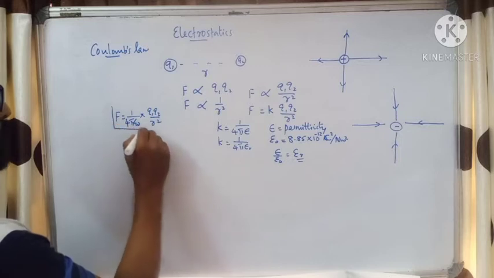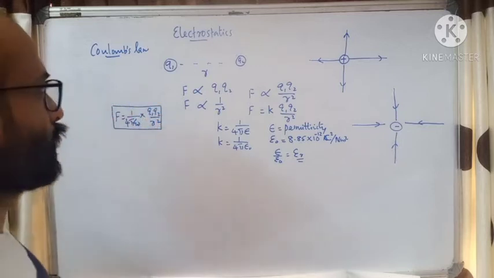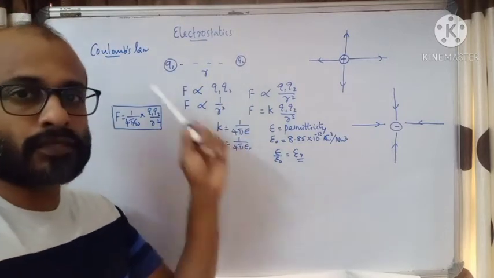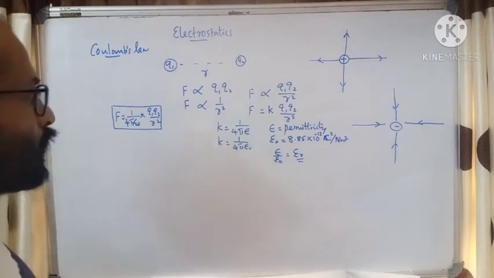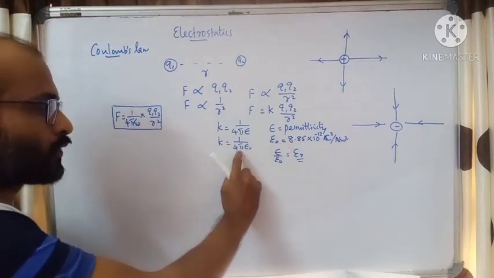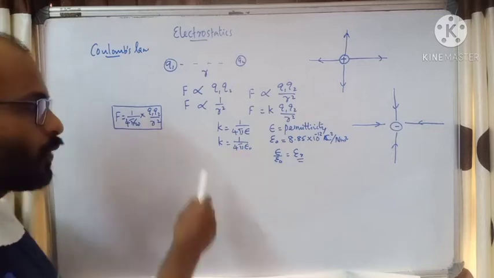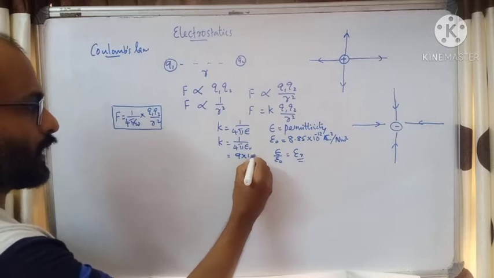This is the magnitude of the force between the charges if there is vacuum in the region between them. Epsilon 0 has a value, and 4 pi also has a value. When you evaluate 1 by 4 pi epsilon 0, it equals 9 into 10 raised to 9.